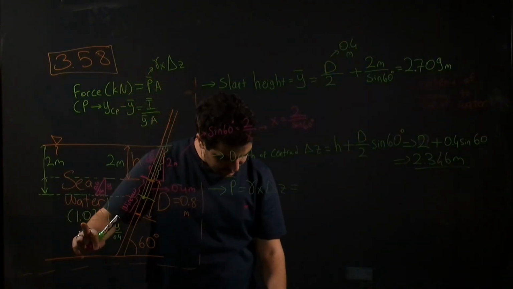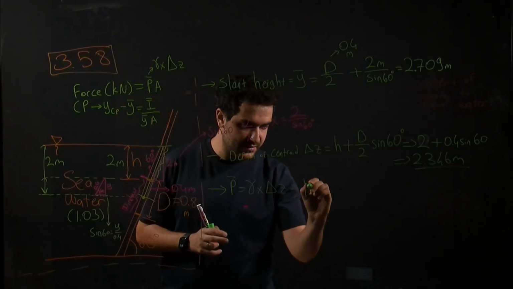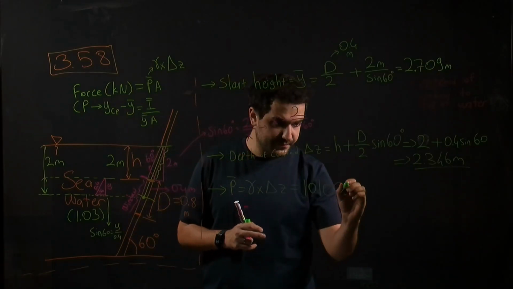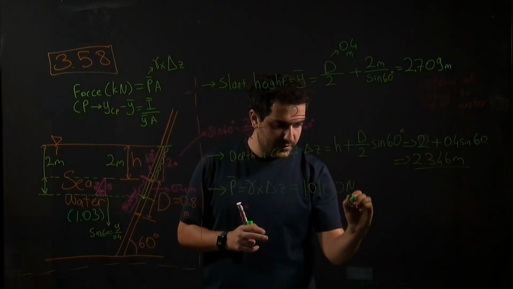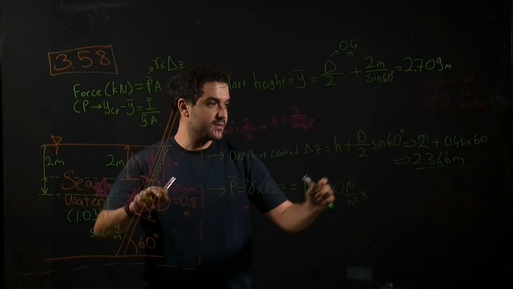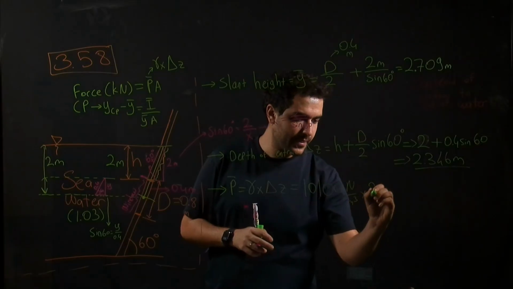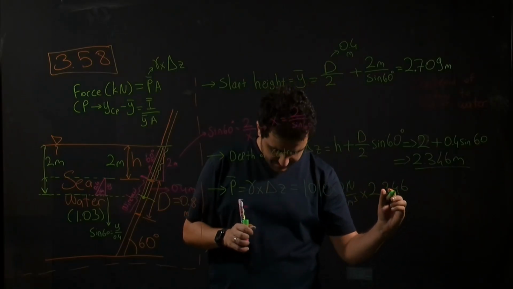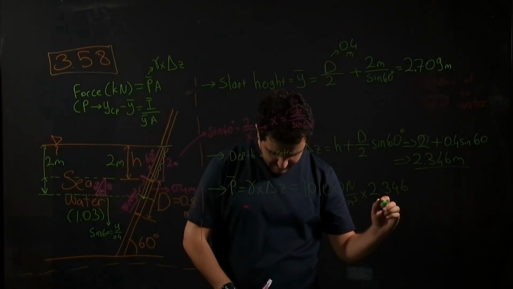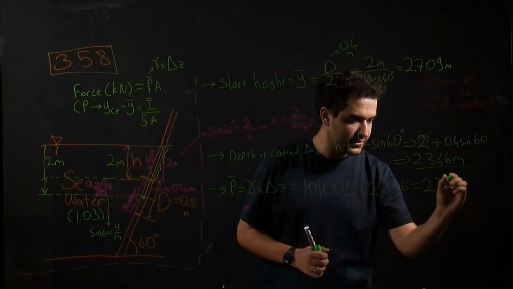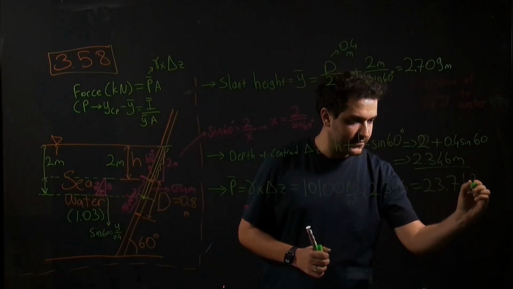So you can do that. I will directly write the final specific weight. So the specific weight and delta Z is here, 2.346. Yes, and this is equal to 23.7 kilopascal.